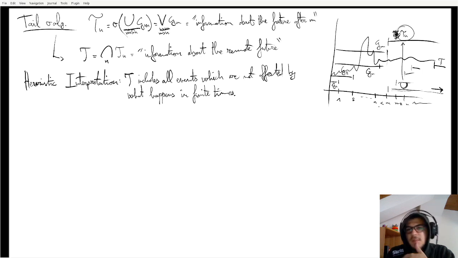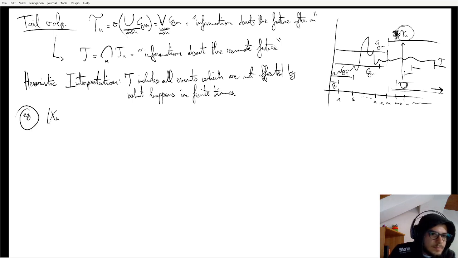We can give this other interpretation as well. So let's make some examples. Consider X_n with n in the natural numbers. I will skip writing it in full and just write this.